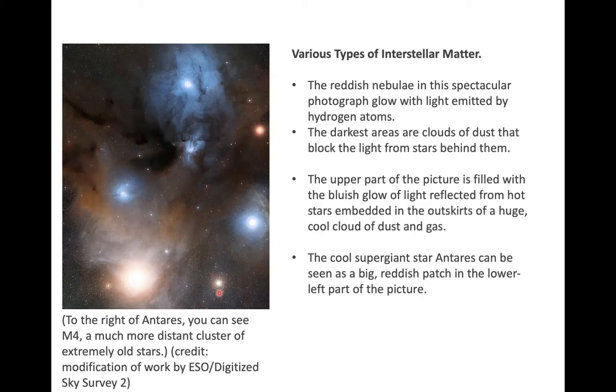This particular star cluster right here is a globular cluster, which means most of the stars inside the cluster are older stars, right? And the name of this one in the catalog is M4, and you will see all the information that I have mentioned here in the presentation, right?